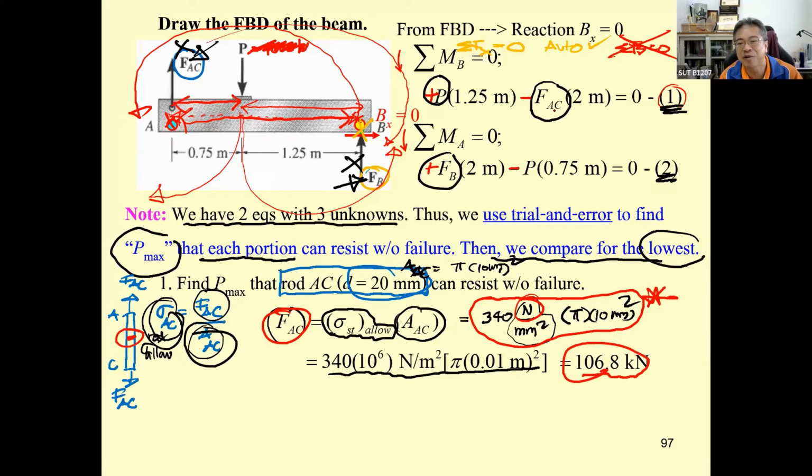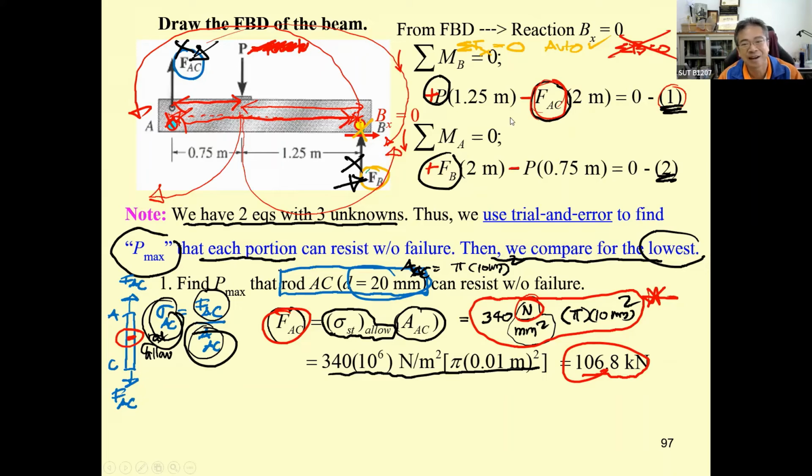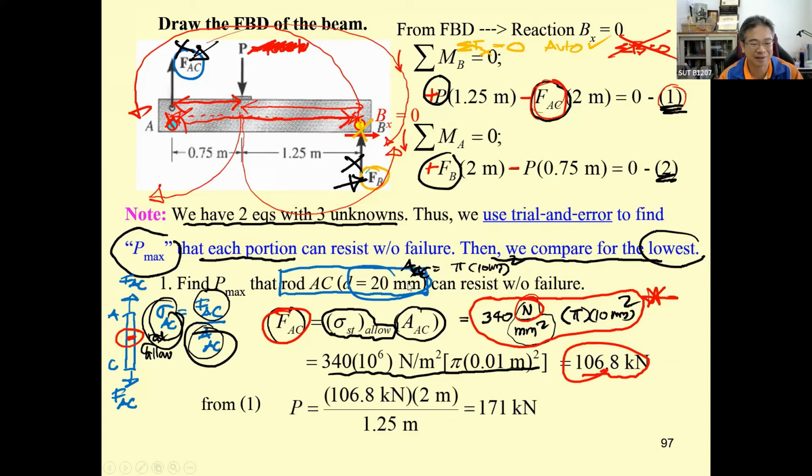From equation 1, you put 106.8 over here and you can compute P. So this is not a direct answer; it's the force that causes the failure of the rod. It's not P. You put it into equation 1 and you get the force P.